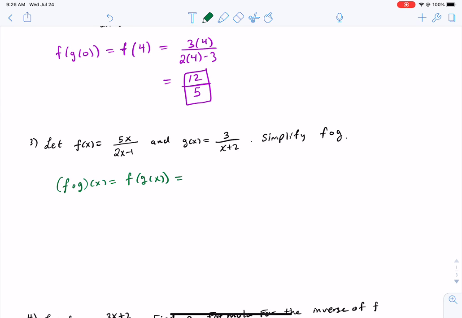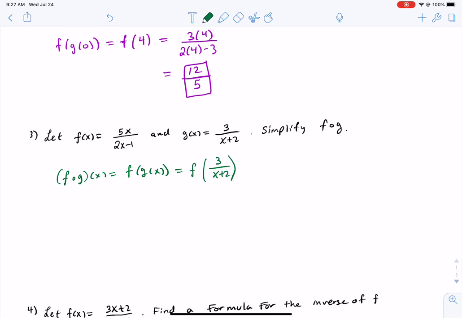And g of x is 3 divided by x plus 2. So f of x is 5 times x, where the input is no longer x, divided by 2 times x minus 1, where the input now is going to be 3 over x plus 2, and then 3 over x plus 2, and then minus 1 on the bottom.